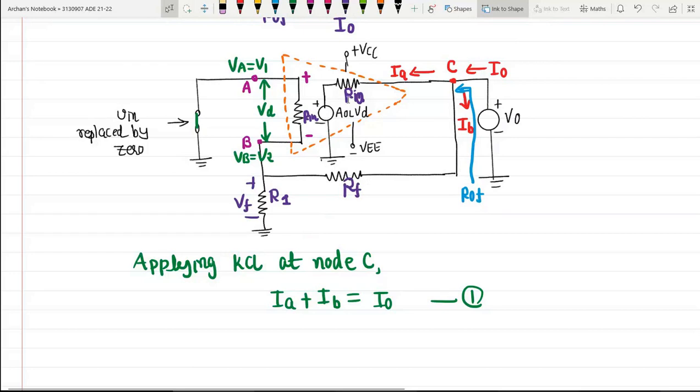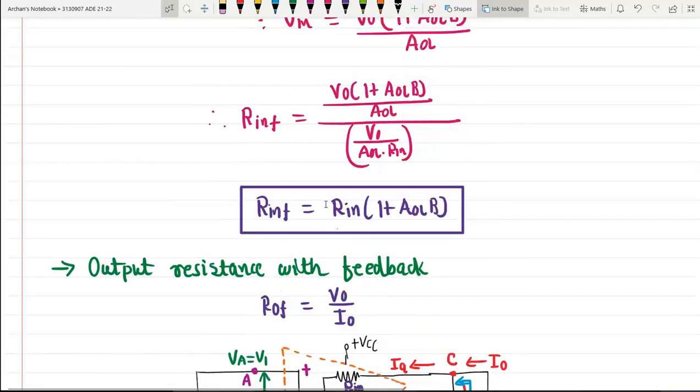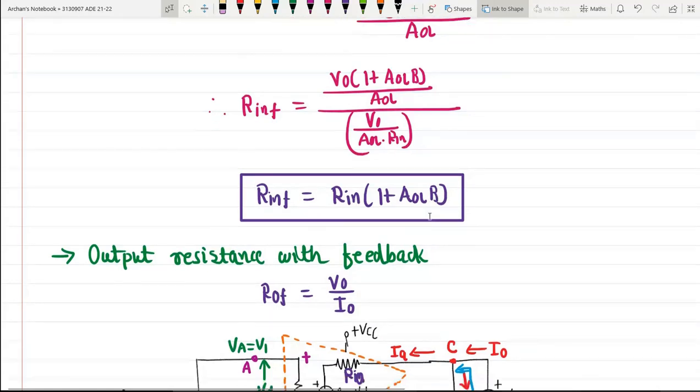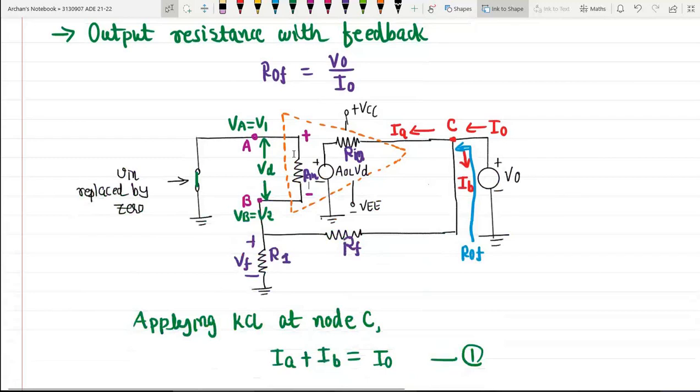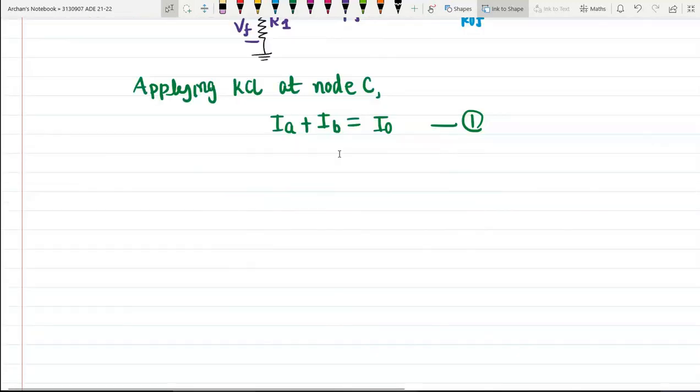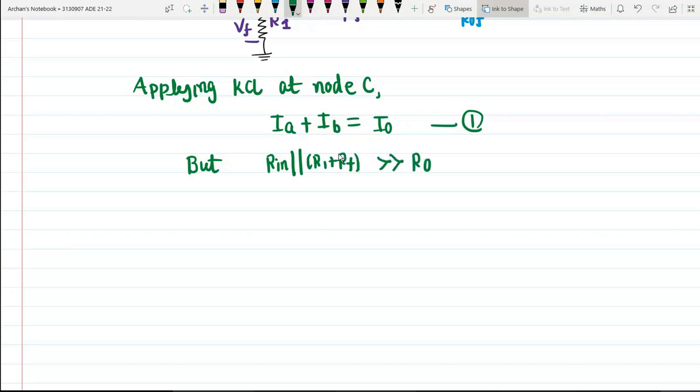We have just calculated the value of Rin; it is very large. If we compare this value with the output resistance R0, then R0 will be very small. So we have Rin in parallel with R1 plus RF, and it is very much greater than R0.